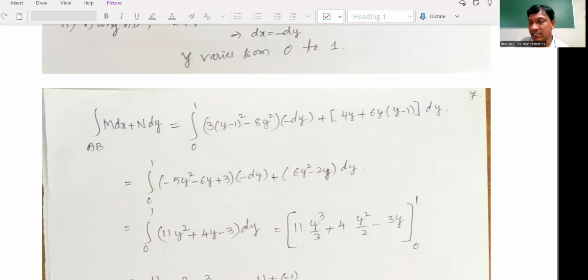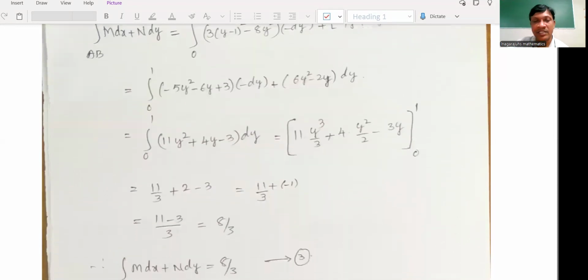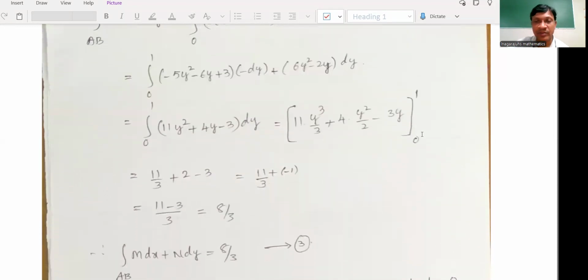Upper limit minus lower limit; the lower limit is 0, so just substitute the upper limit in place of y. 1 cubed is 1, 1 squared is 1, and 3 into 1 is 3. So 11 by 3 plus 2 minus 3. 2 minus 3 is minus 1, and taking the LCM we get 8 by 3. Therefore the integral along AB of M dx plus N dy is equal to 8 by 3.